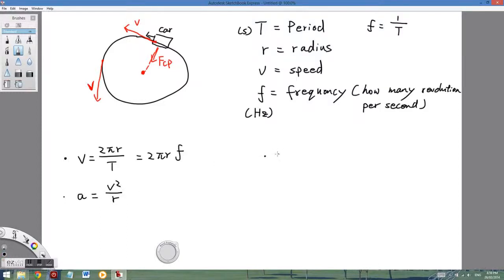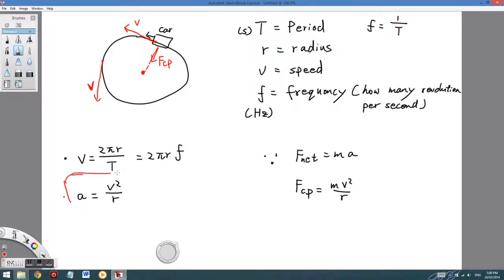Now, since Newton told us the net force is ma, your centripetal force will be m times the acceleration, m v squared divided by r. Please copy this down in your notes, and just remember you're going to use these two equations very often.